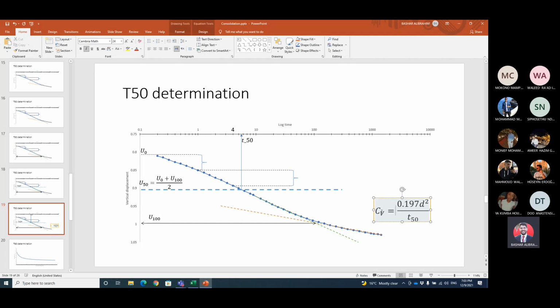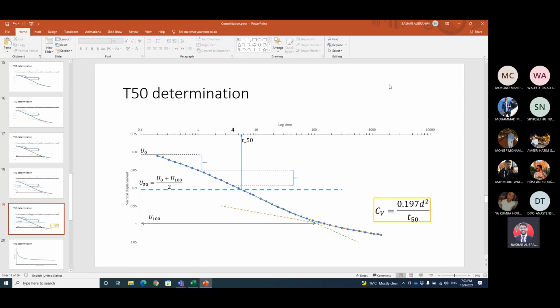Then you use this formula: Cv equals 0.197 D squared over T50. What is D squared? D is the height of the specimen minus the U50, all divided by 2.